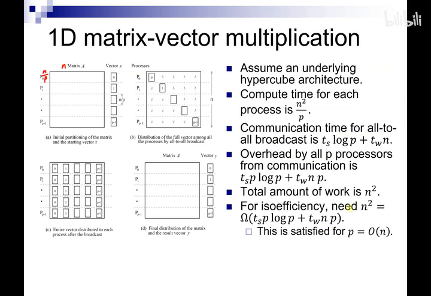If you work this out, you see that as long as p is order of n, then this term over here is going to be less than n squared. So this algorithm can scale up to n rows. We can have as many processors as we have rows.